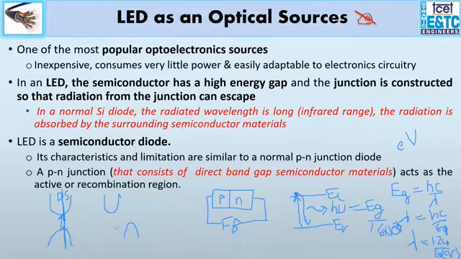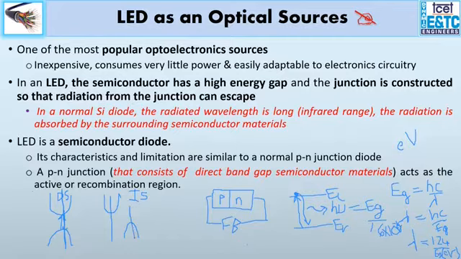But if I take the case of an indirect semiconductor, what you see here is that the momentum of the minimum of the conduction band and the maximum of the valence band is different. They are not aligned.